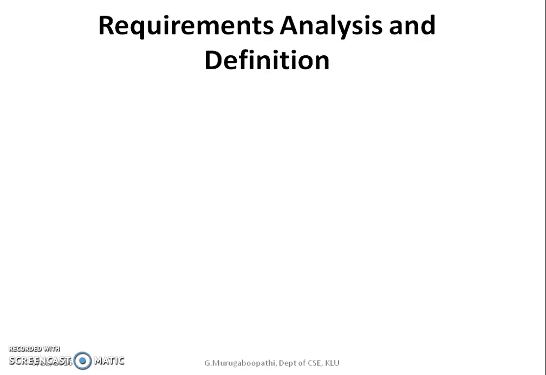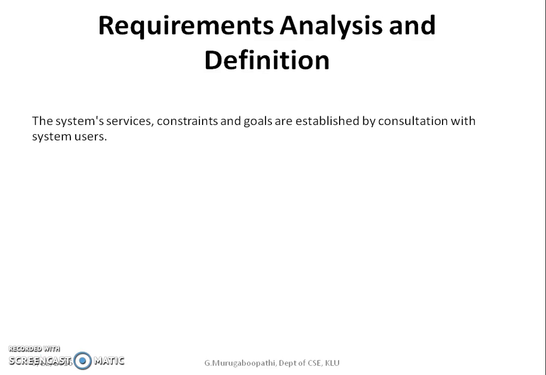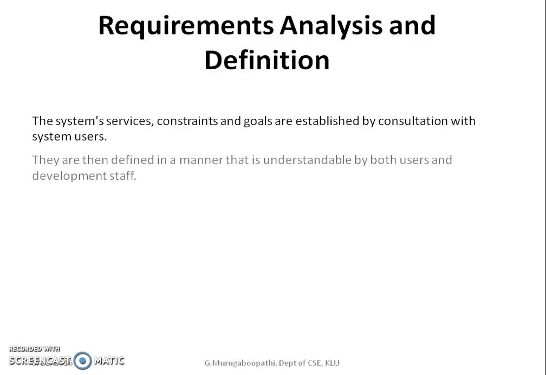In requirement analysis and definition, the system services, constraints and goals are established by consulting with the system users. They are then defined in a manner that is understandable by both users and development staff.